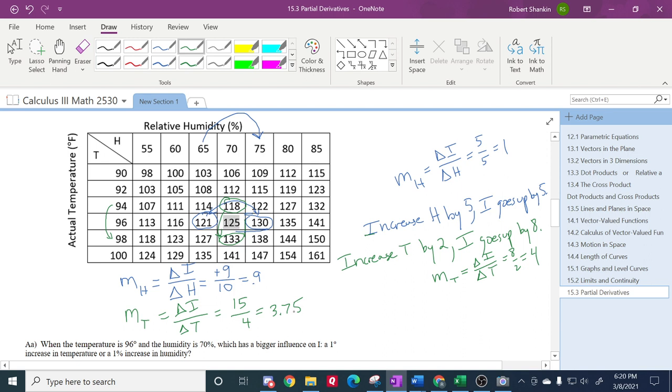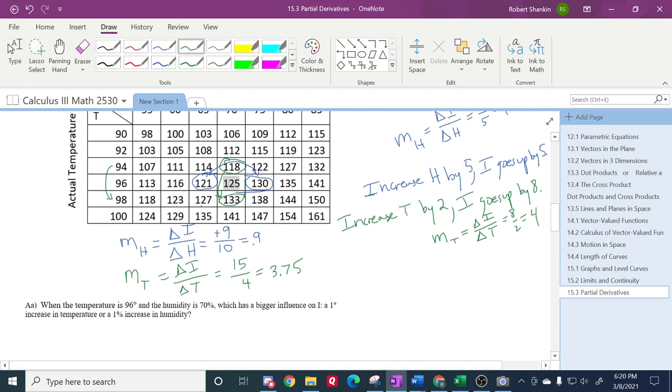And then the ratio 3.75 to 0.9 is really close to 4. So which has a bigger influence on I? It's the increase in the temperature, 4 times as much as the increase in the humidity.